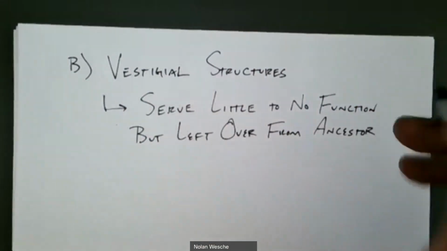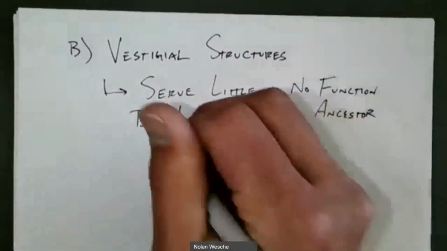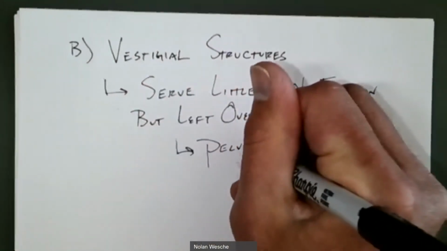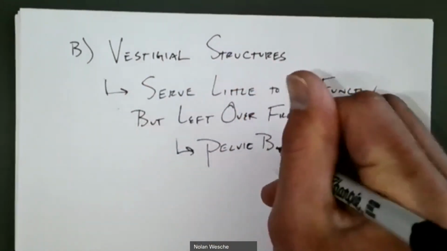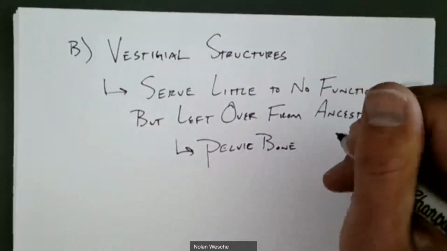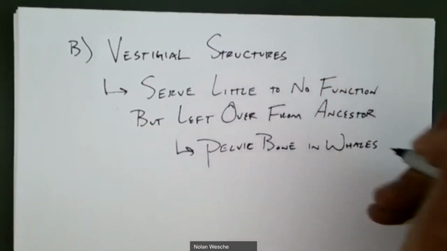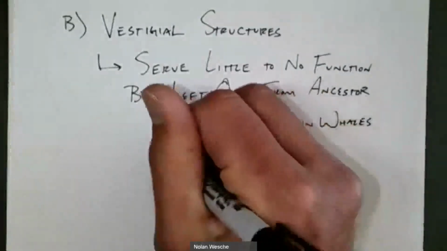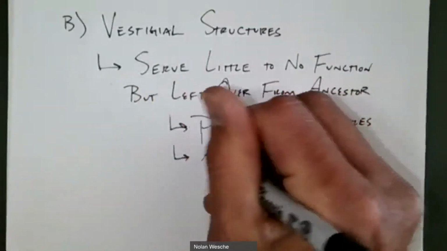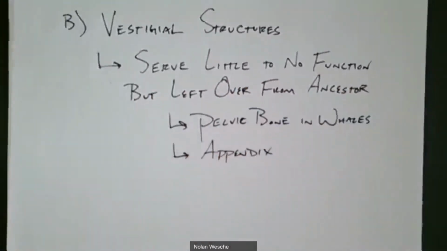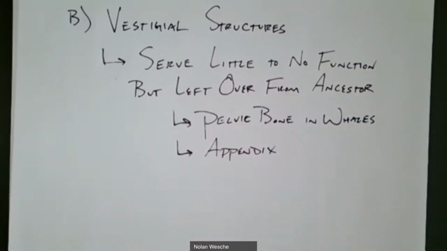Recent obviously is a broad term again. So again, an example here is this pelvic bone in these baleen whales. And you could go with something that hits a little closer to home, and this would be the appendix, that you really don't have a large role for any longer.